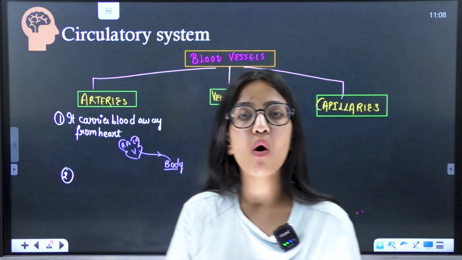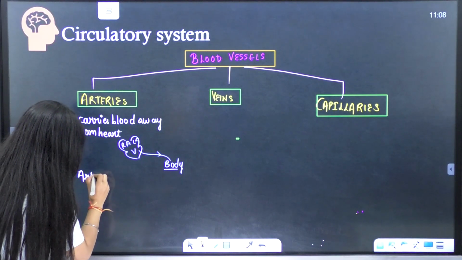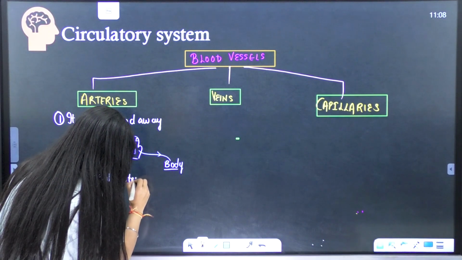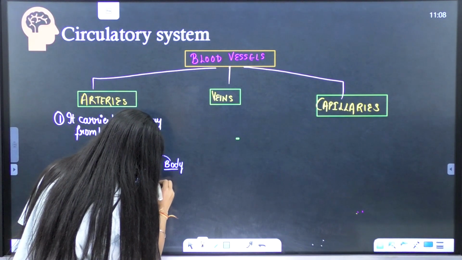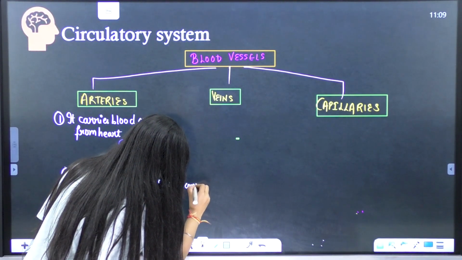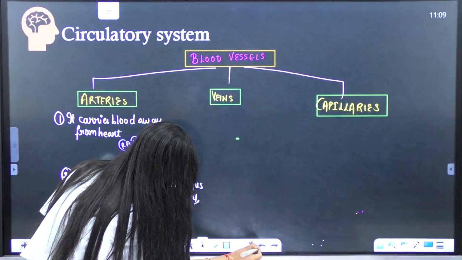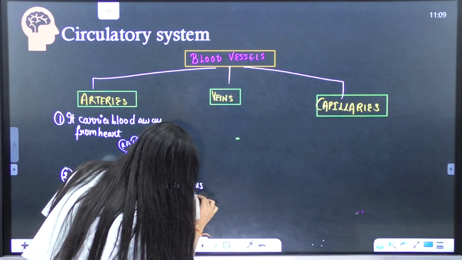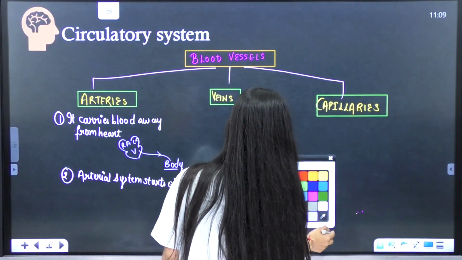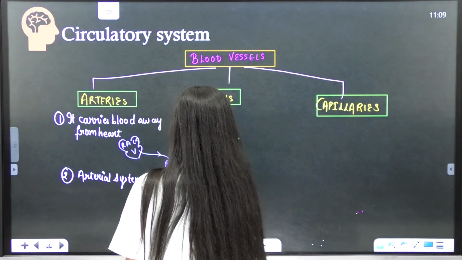It starts with conus arteriosus, also named as truncus arteriosus.